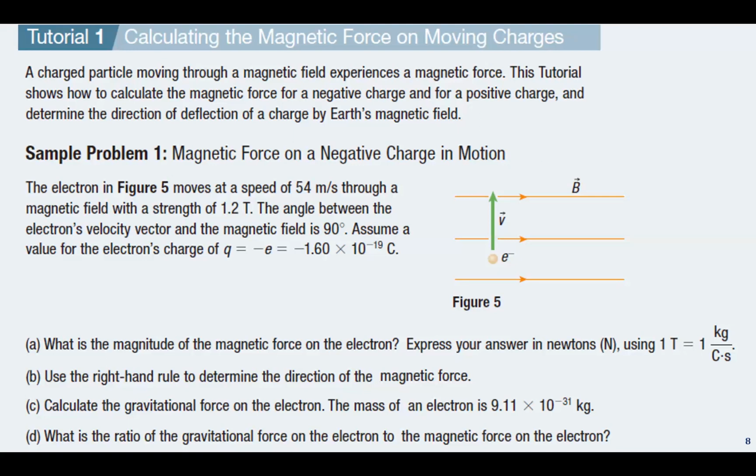The mass of the electron is 9.11 times 10 to the power of negative 31 kilograms. And last, what is the ratio of the gravitational force on the electron to the magnetic force on the electron? Okay, here I'll give you 10 minutes to think about this question by yourself. Then we'll have a look at the solution together, okay?